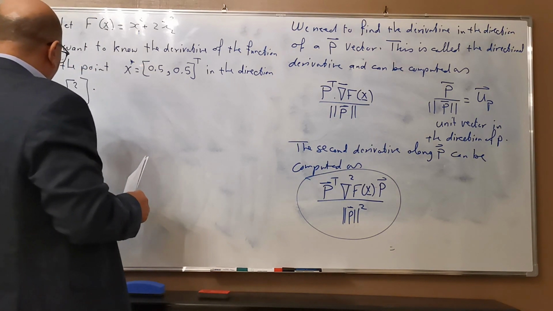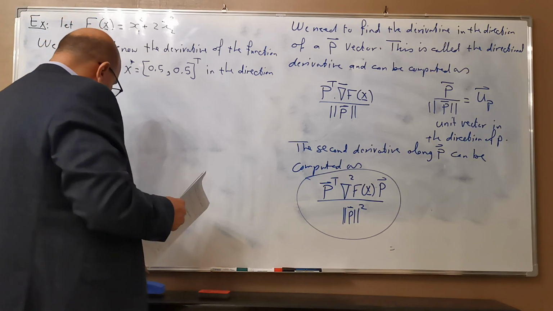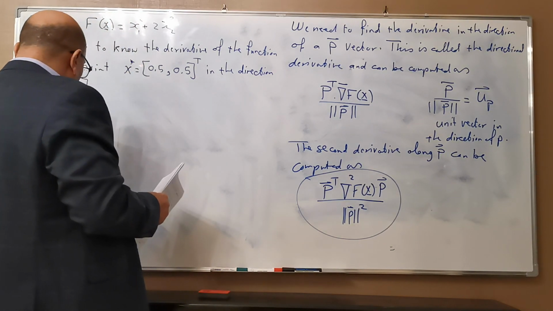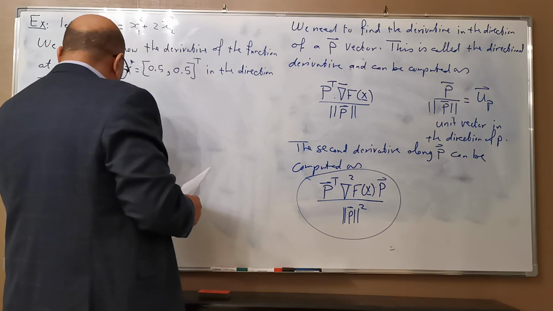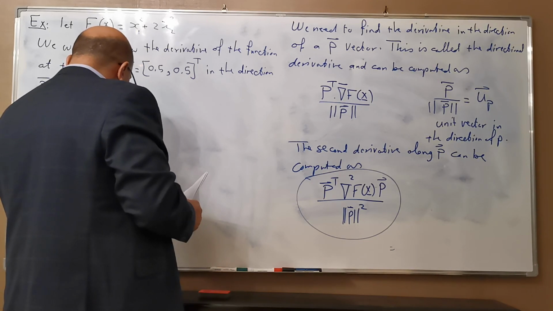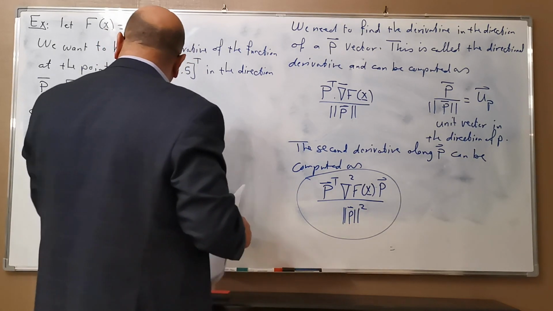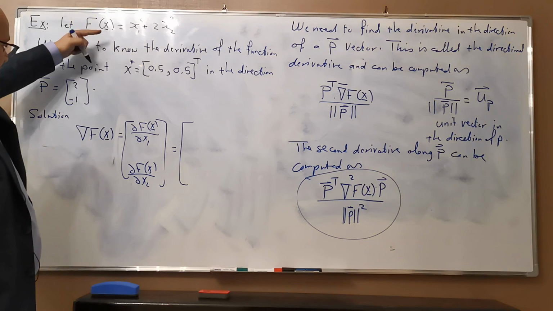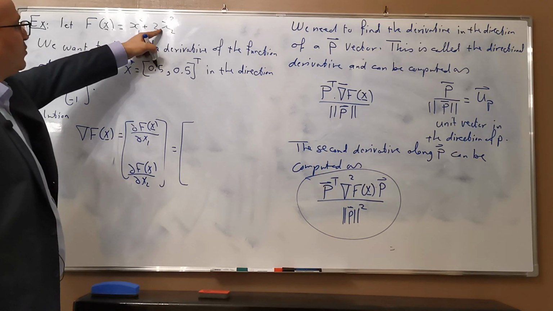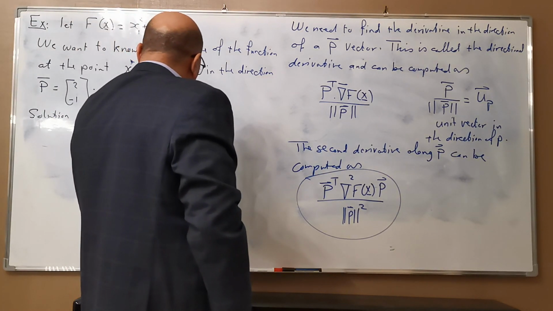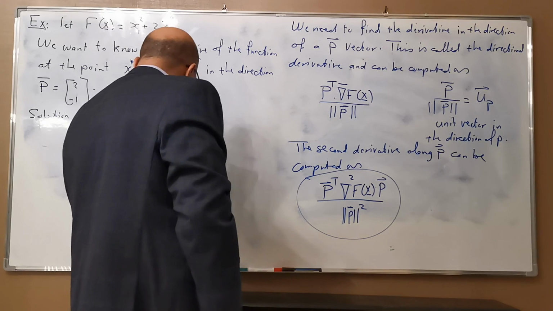Solution. First of all, let's find the gradient of f of x, which is equal to partial f of x partial x1, partial f of x partial x2. What is the partial derivative with respect to x1? This term will be considered constant, so this is 2x1. For x2, it's 4x2.